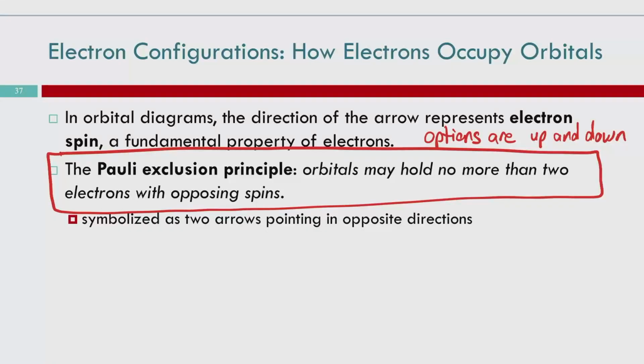The Pauli exclusion principle says that orbitals are the individual shapes, so our s for sphere, our pz, our standing up peanut, our px, our py, each of those can hold 2 electrons. So maxing out at 2 electrons per orbital, per shape, with opposing spins.